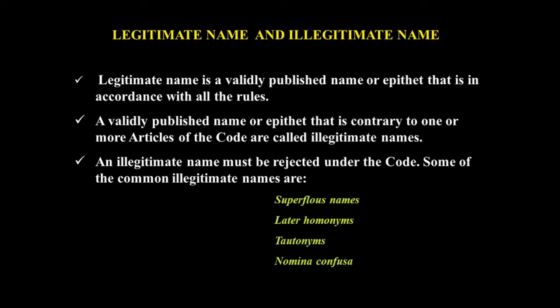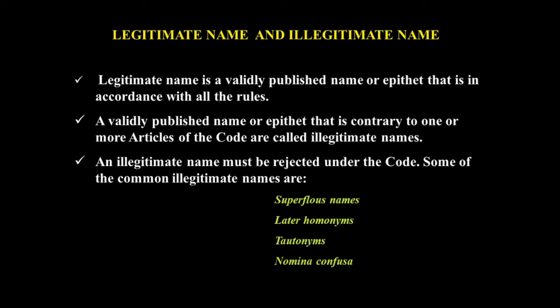So the same taxon is named by more than one name based on different types by different authors. The later published names are illegitimate and the earlier published name gets priority over the later names.